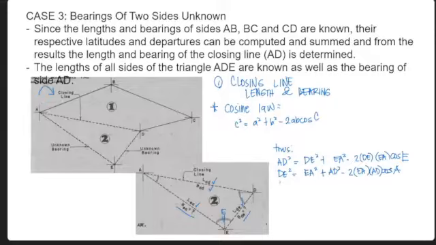And EA squared is equal to AD squared plus DE squared minus 2 AD DE cosine, where its opposite angle is D. So those are the formulas we will be using sa ating case number 3.